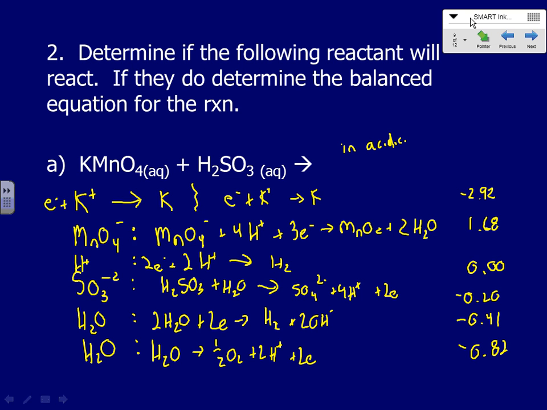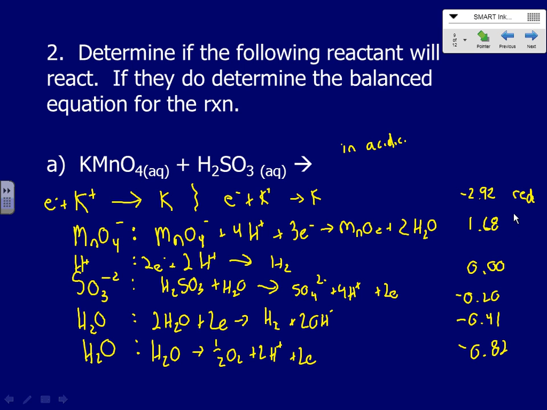So now what we need to do is state whether it's a reduction half or an oxidation half, because we have to pick one reduction and one oxidation. Okay? So what is this guy? Reduction. How do you know? You know this.